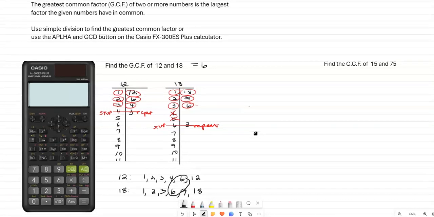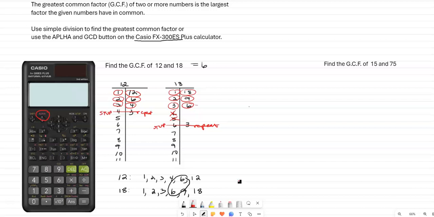So next, let's talk about how you can use the Casio FX300 ES Plus calculator or a Casio FX115 calculator to find the greatest common factor of two numbers. So here's how it works. On your calculator, you're going to first press the alpha button here, and then go down and press the multiplication button.